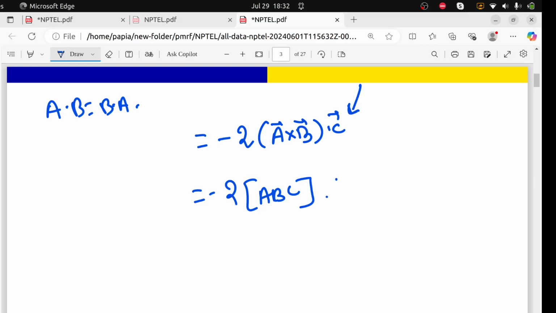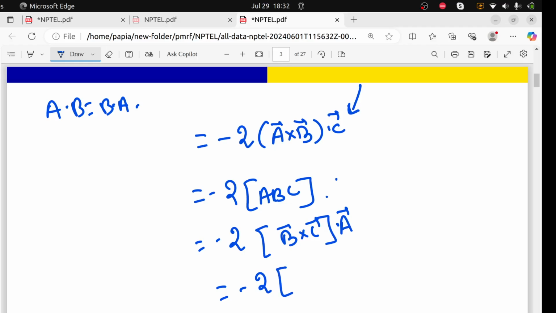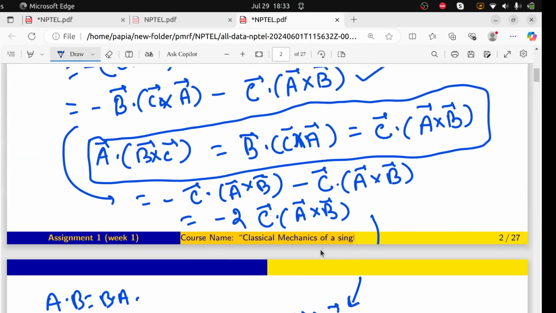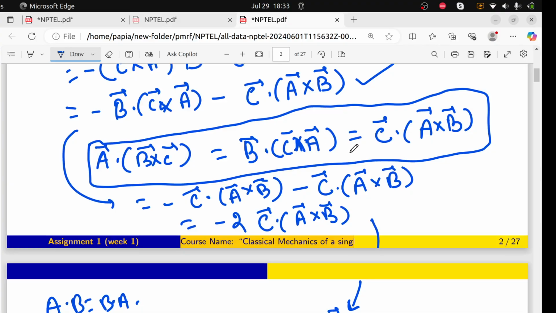Is it fine? Yes, ma'am. So obviously you can write it like this as well: A dot B cross C, or B cross C dot A. BCA can also be written. By your choice, or depending on the multiple choice options, you can write like that, because ABC equals BCA equals CAB.